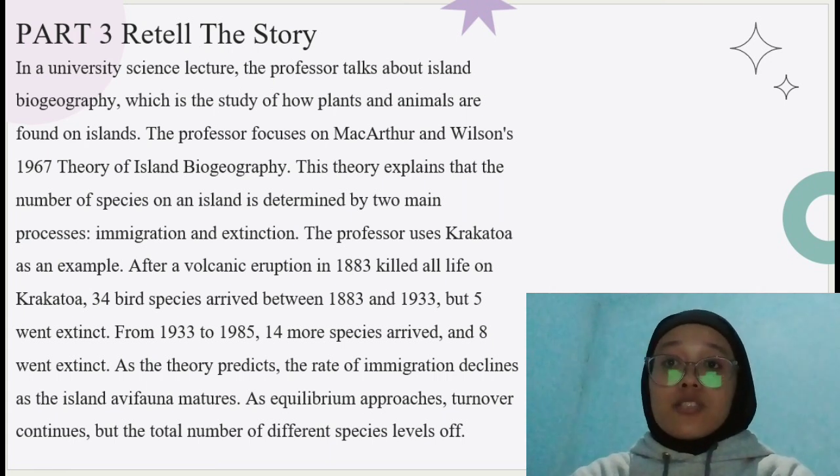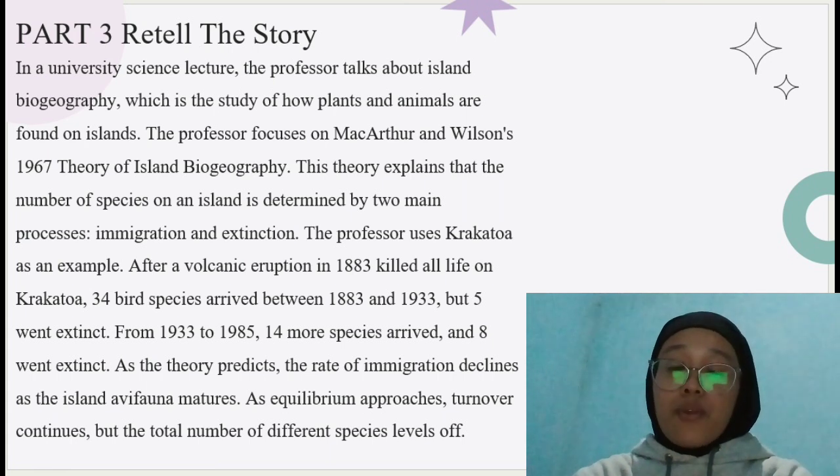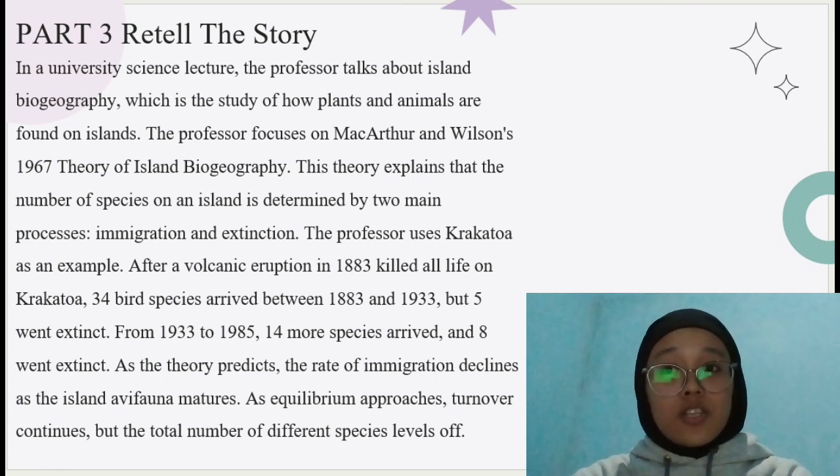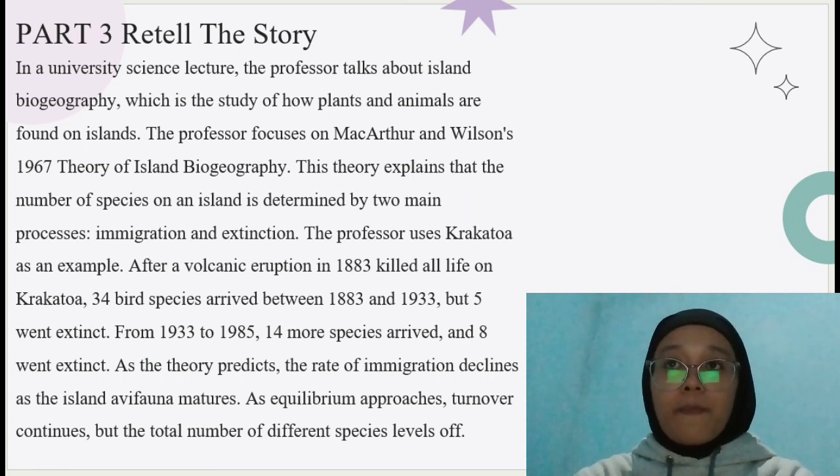From 1933 to 1985, 40 more species arrived and 8 went extinct. As the theory predicts, the rate of immigration declines as the island matures. As the equilibrium approaches, the turnover continues, but the total number of different species levels off.